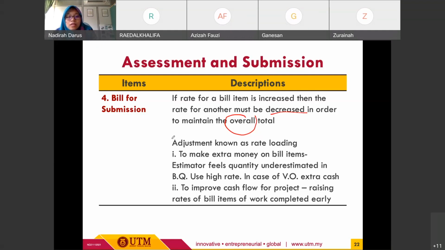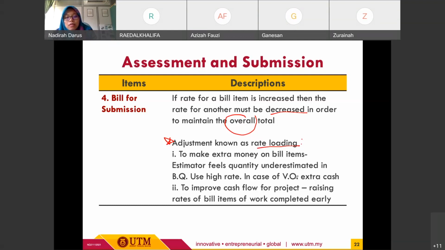This adjustment we refer to as rate loading. It is known as rate loading. The purpose is basically to make extra money on bill items. If the estimator fails and the quantity is underestimated in the BQ, they use the high rate.